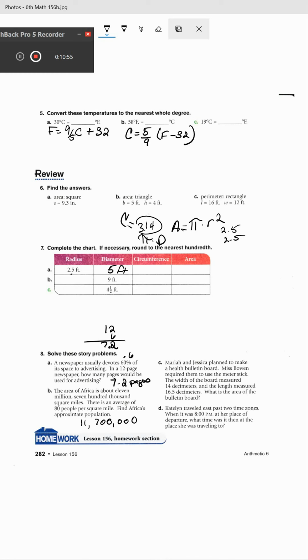Find its average population. So we would do 80 times this. But can we hold off on all these zeros here and do 117 times 8? I'm going to do it up top here, and then we'll put the zeros in.